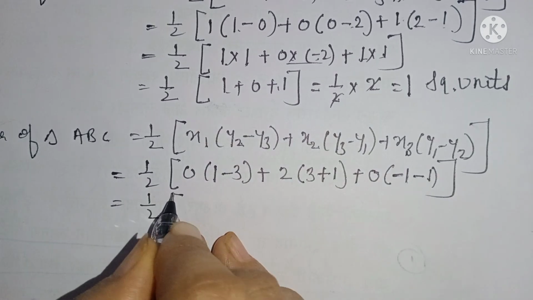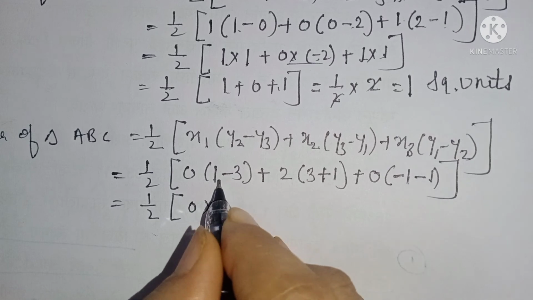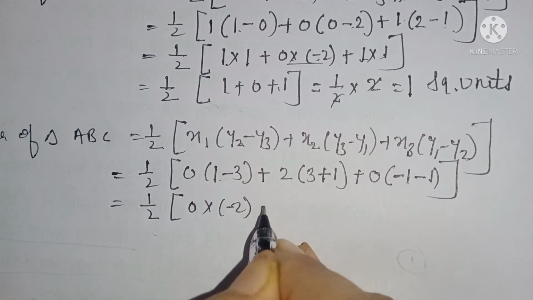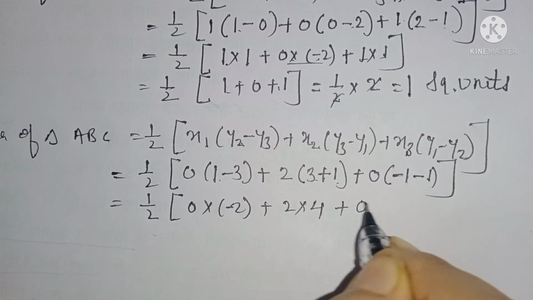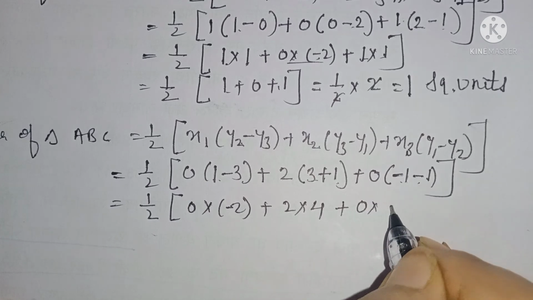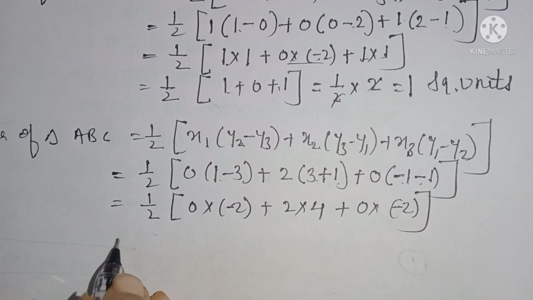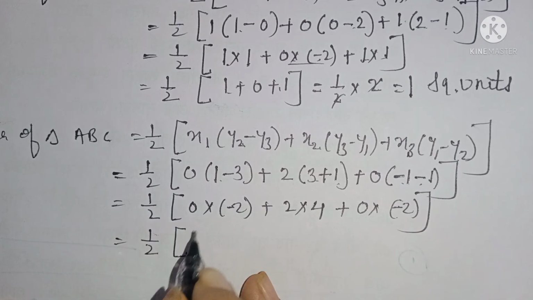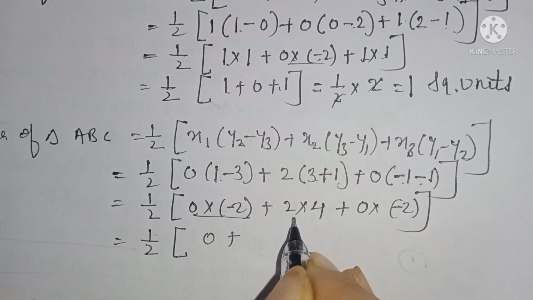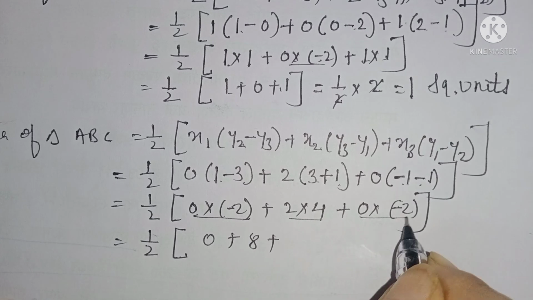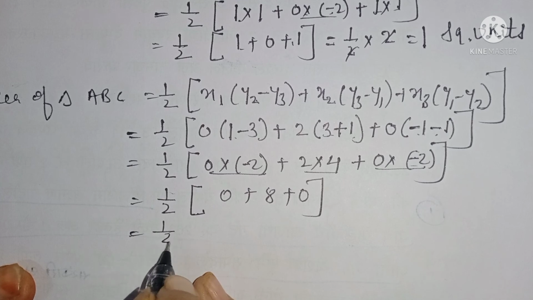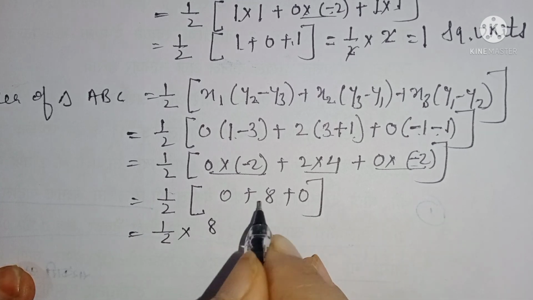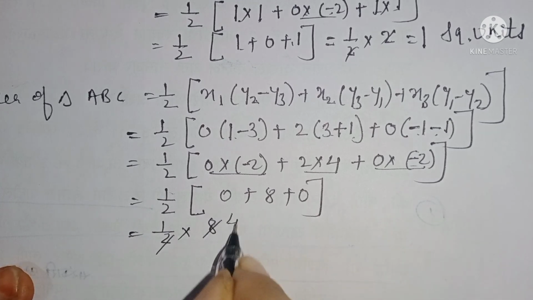This is half, 0 into 1 minus 3 is minus 2, plus 2 into 3 plus 1 is 4, plus 0 into minus 1 and minus 1 will become minus 2. So it is half in bracket 2 zeros are 0, plus 2 fours are 8, plus 2 zeros are 0. So half in bracket 8 ही आएगा क्योंकि 0 plus 8 will become 8, 2 fours are 8.